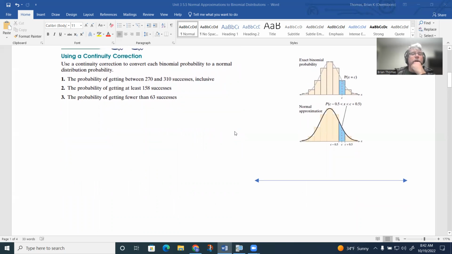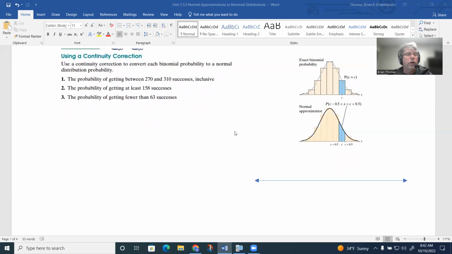Let's look at this example here. It says use a continuity correction to convert each binomial probability to a normal distribution probability. So the probability of getting between 270 and 310 successes inclusive. Inclusive means include the 270 and the 310.